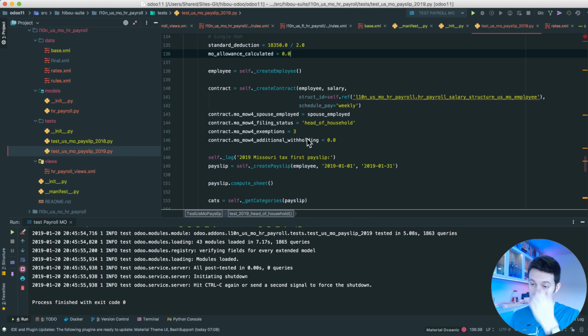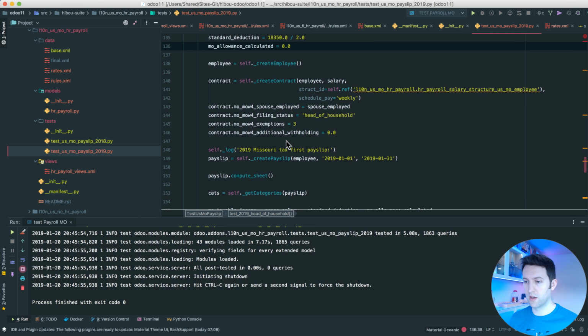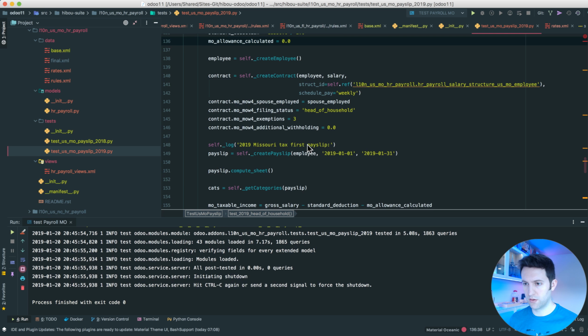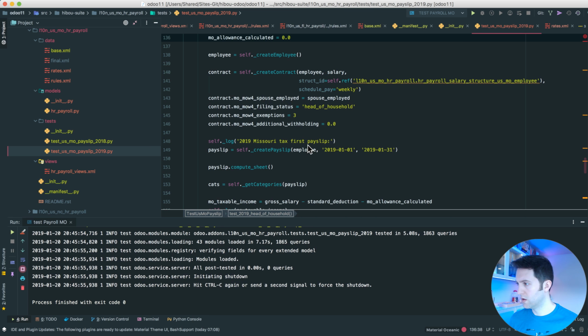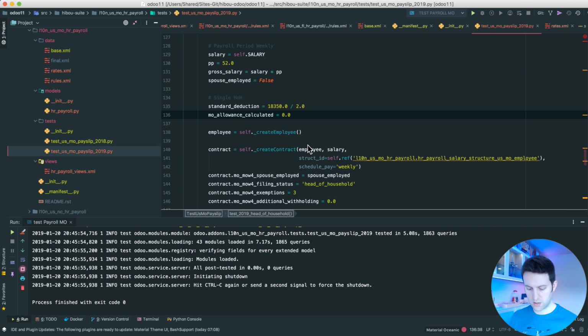And we'll still allow them to fill the form out however they want because of the fact that ultimately they used to be able to have exemptions or allowances. Okay, so we will set that to 0.